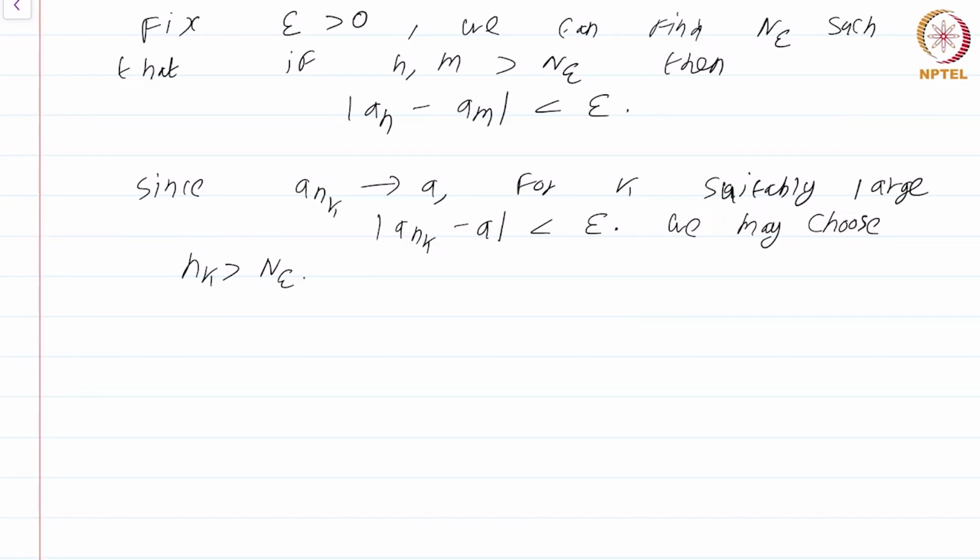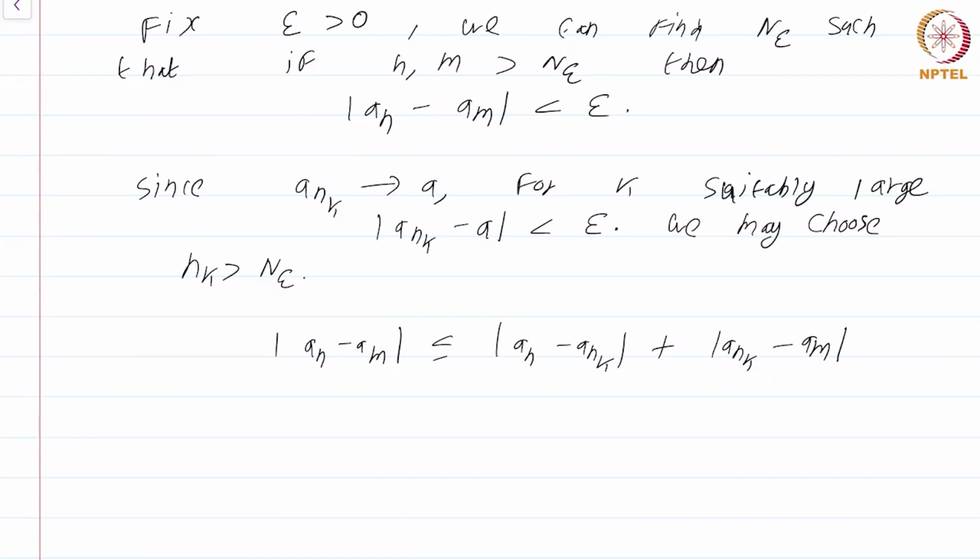Now |a_n - a_m|, so this is now the central trick of the day, is less than or equal to |a_n - a_{n_k}| + |a_{n_k} - a_m|. I'm using this n_k to anchor the terms of the sequence.